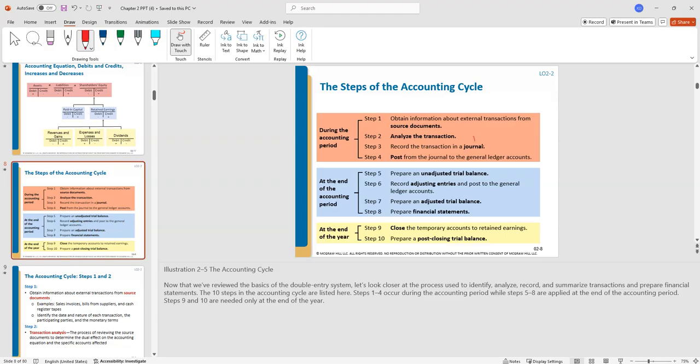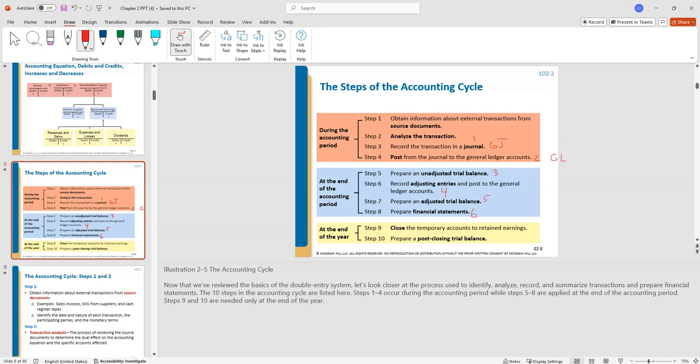Step 1 in all of this is going to be the general journal. Step 2 will be the general ledger. We'll do an unadjusted trial balance. We'll make adjustments to it, AJEs, which will allow us to then make an adjusted trial balance.